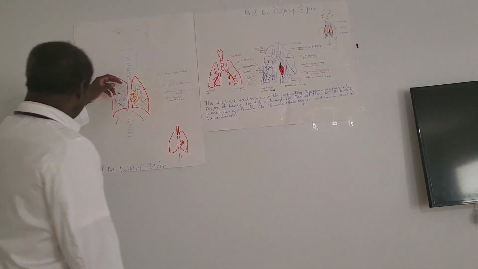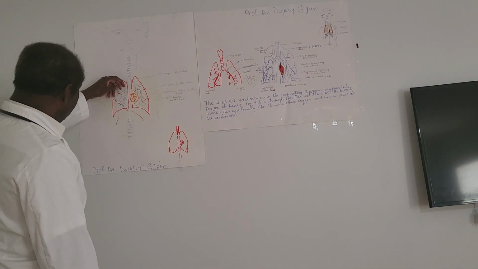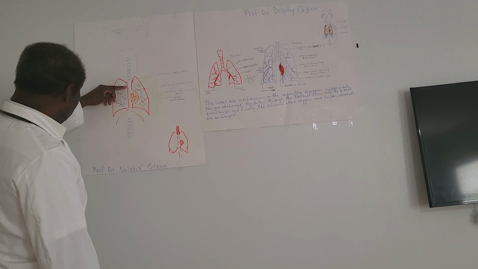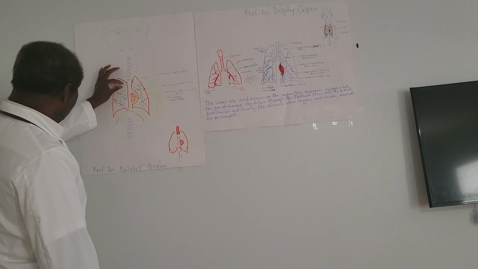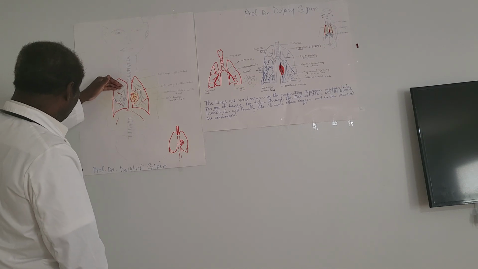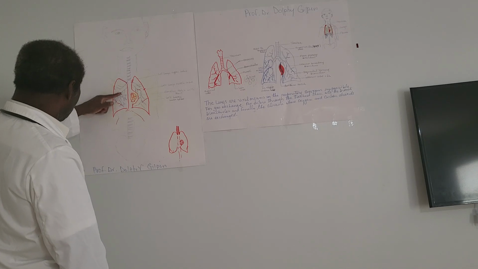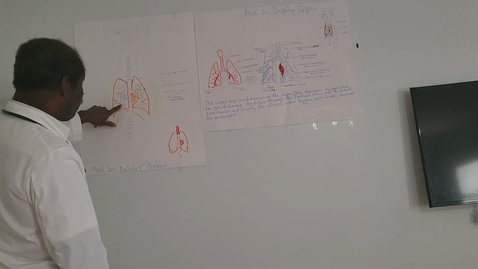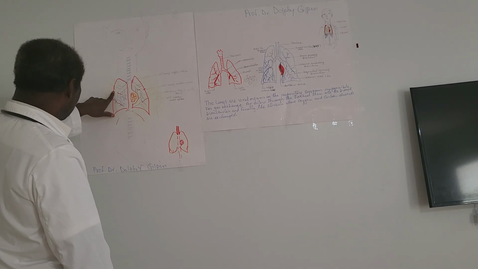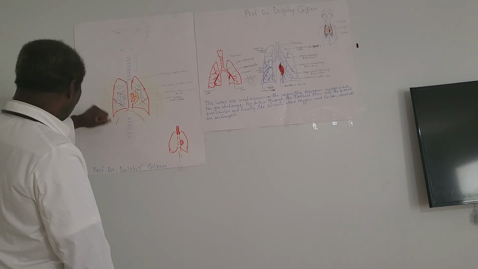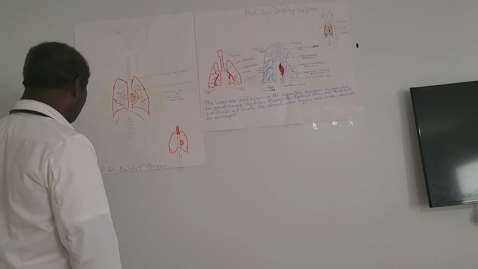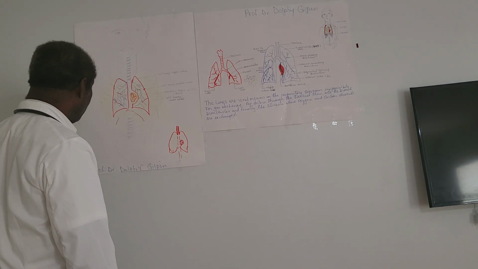Over here in this bigger diagram, you have the bronchus, and it subdivides into the bronchioles. This will be the primary bronchus, secondary bronchus, the tertiary bronchus, and so on. And to the last, you have the bronchioles.